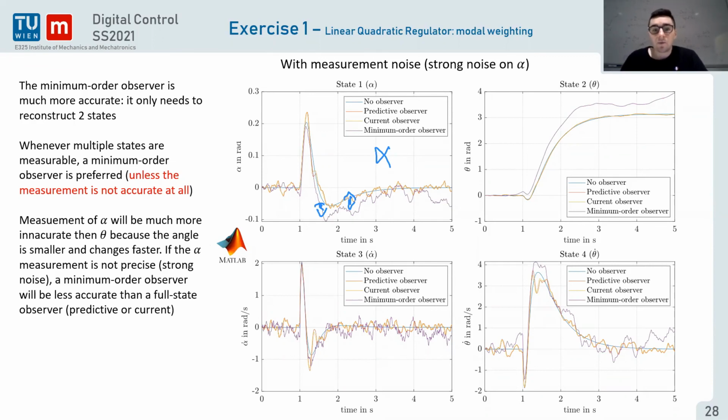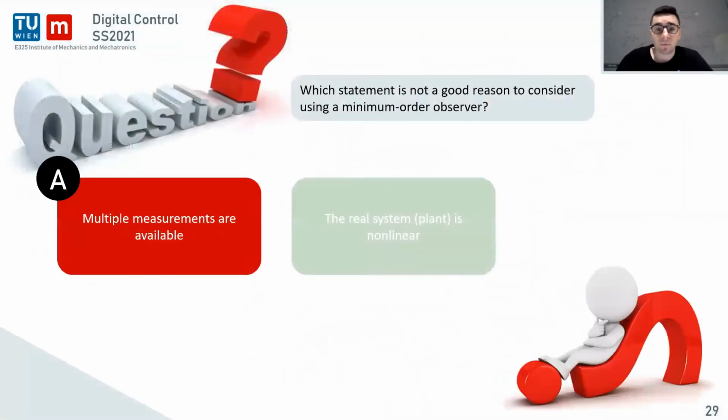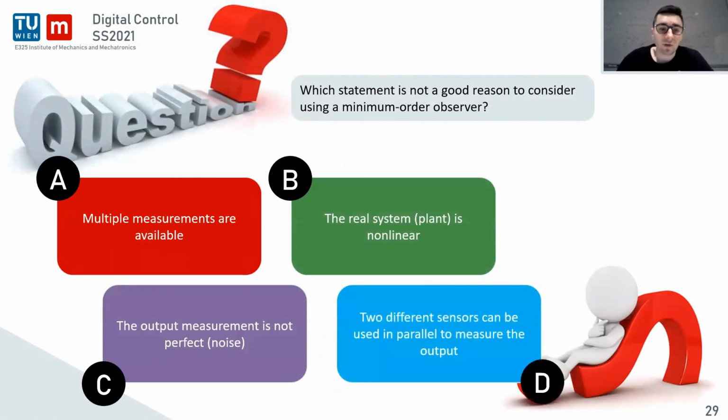But if a sensor is not working properly or is sending crazy values, of course it's not worth considering it. But most of the time, even if the measurement is noisy, it is better to consider a minimum order observer. It was a little bit tricky here, but if you have multiple measurements, take everything, even if there's some noise. The only case is if it's really, really bad.